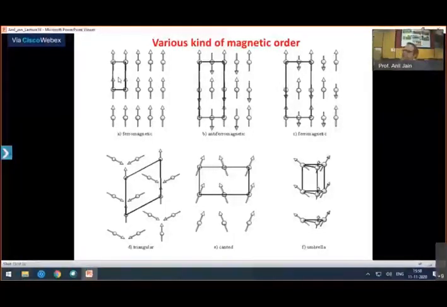You can have an antiferromagnet, where the net moment in the unit cell is 0. You can have a ferrimagnet, and you can have other interesting stuff like spin liquids, where the spins do not order. We can have canted antiferromagnets. There are interesting stuff in this magnetic ordering, which I think we will take up in the next lecture.